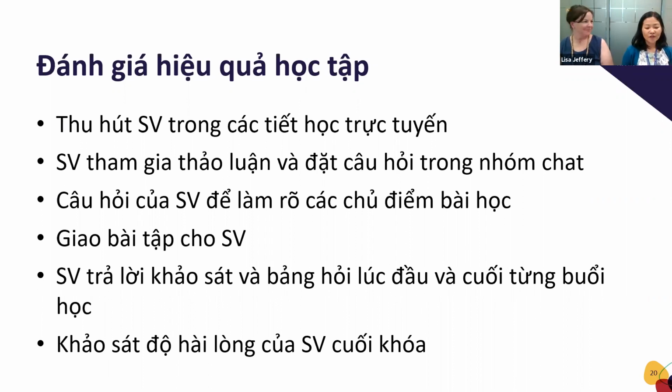Now, we also use an observation checklist to check the students' responses on polls and surveys at the beginning and at the end of each session. We check to see how much engagement there was in our sessions, and we check the discussion boards to see how many contributions they have made, and to see if they had any questions as well.